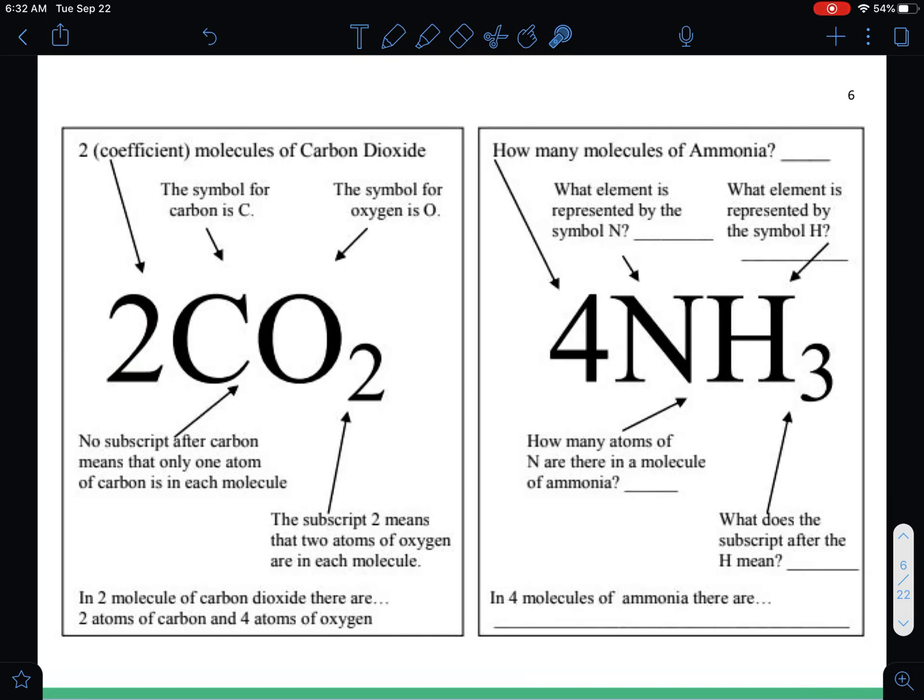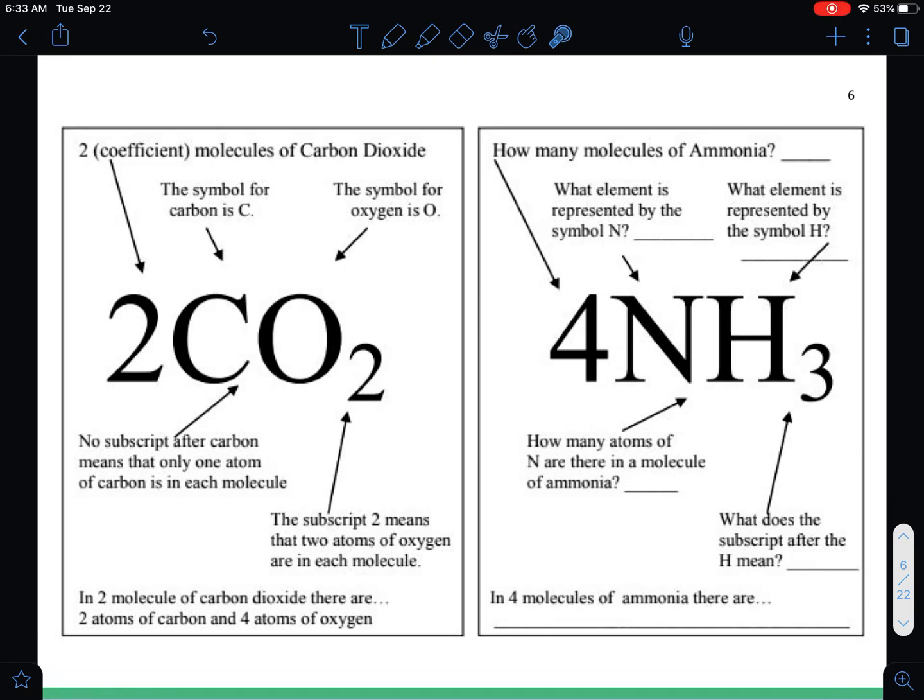And whenever you see a big number or big coefficient in front of a compound, that tells you that there are however many that number is of that compound. So this tells us that we have 2 molecules of carbon dioxide. And again, the little subscript tells us the individual number of atoms in that compound. And we can use all of these different numbers to add up the total number of individual atoms.